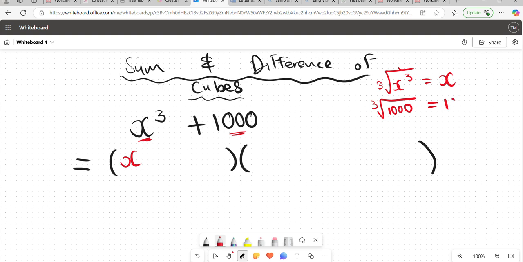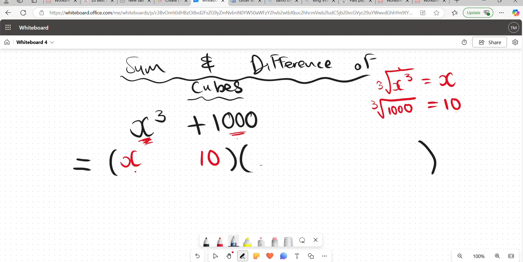And if you cube root 1,000, you should be getting 10. That goes in the second position of the first bracket, just the first bracket, right? Again, what did I do? I just took the first term and I cube rooted it. I got an x. That goes there. I took the second term, I cube rooted it, I got a 10, and that goes there.